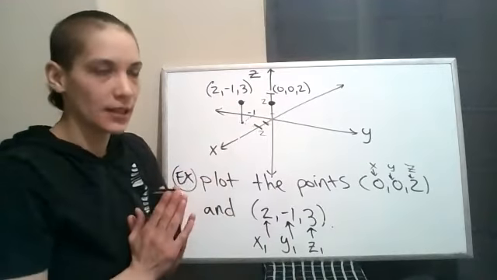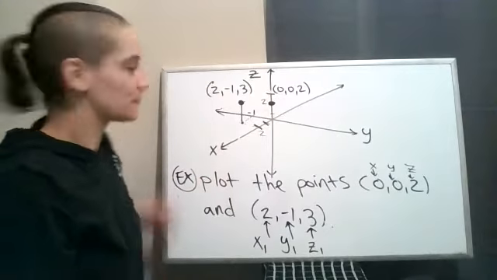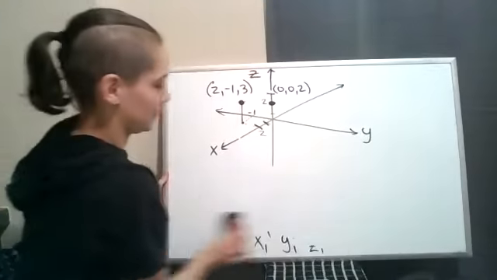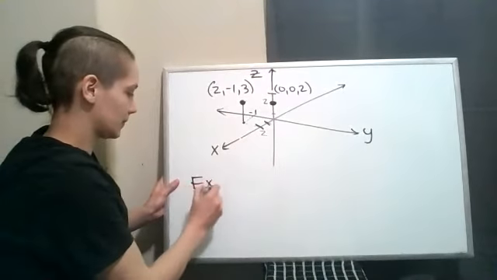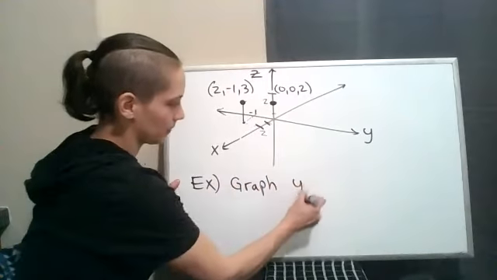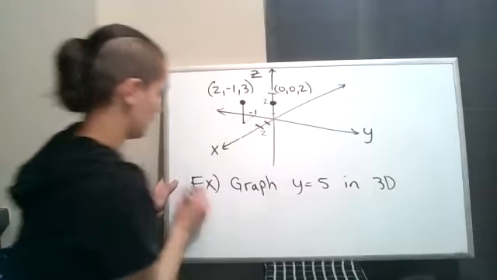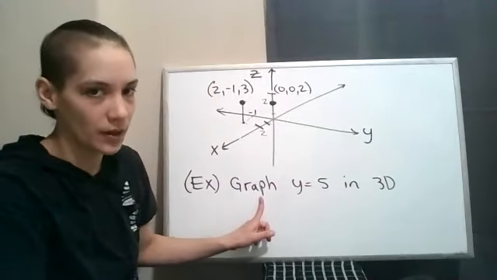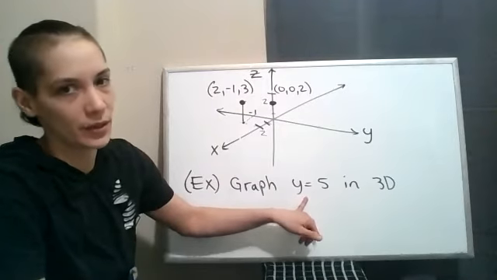Okay, the next thing we're going to sketch is a plane. So a graph is a set of all ordered pairs that satisfy your function or equation.